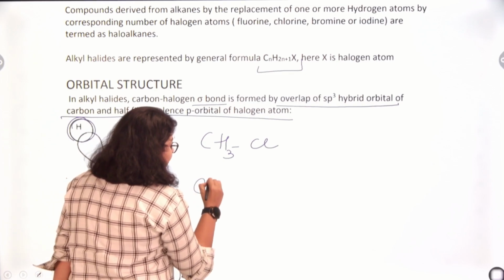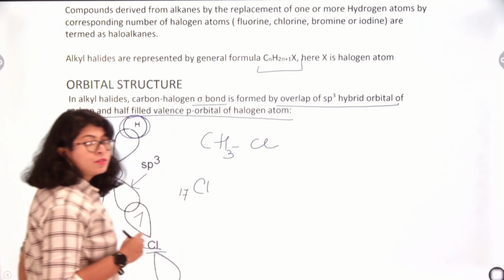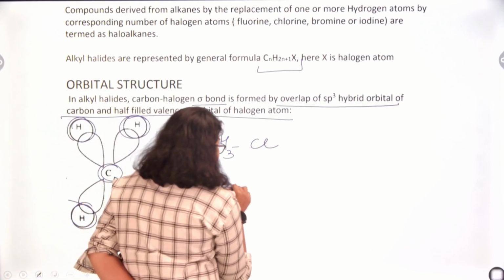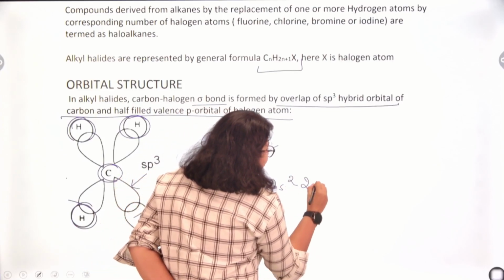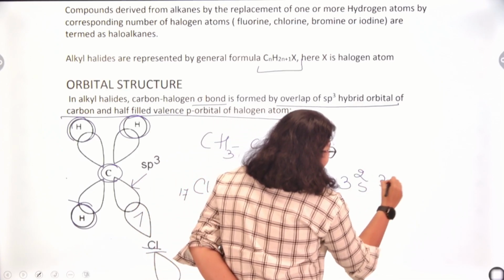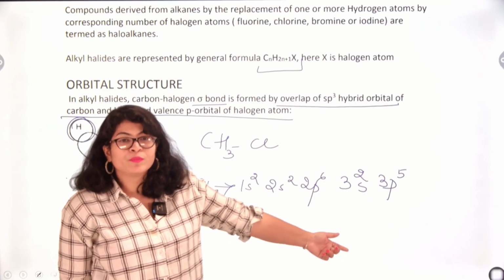If I see chlorine, its atomic number is 17, and if I write its electronic configuration, I get 1s2, 2s2, 2p6, 3s2, 3p5. So 3p is supposed to be 6.